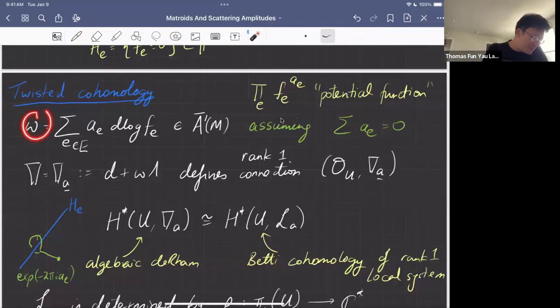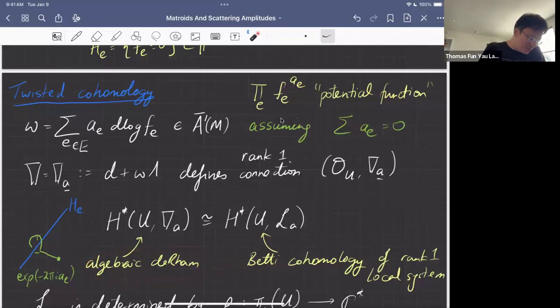Using this one form, I'll define a rank 1 connection given by this differential operator. It's a connection on the rank 1 trivial bundle, where I take the usual differential and add a correction term to it. And I can take the cohomology with respect to this, in the sense of algebraic de Rham cohomology, for example.